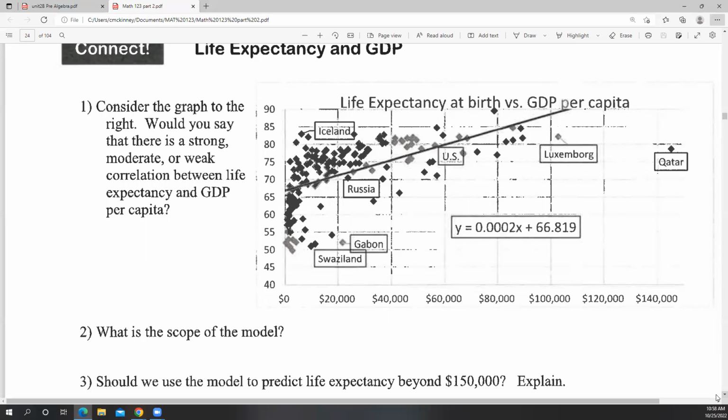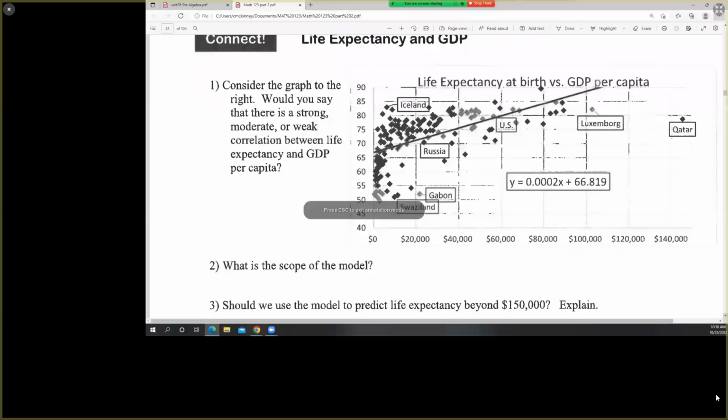And if it asks what is the linear model, for number 4, that is simply what they have written there. There's our linear model. Number 3, we would say no, it's outside the scope.